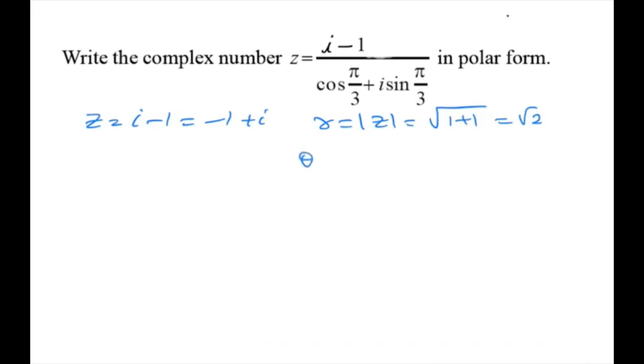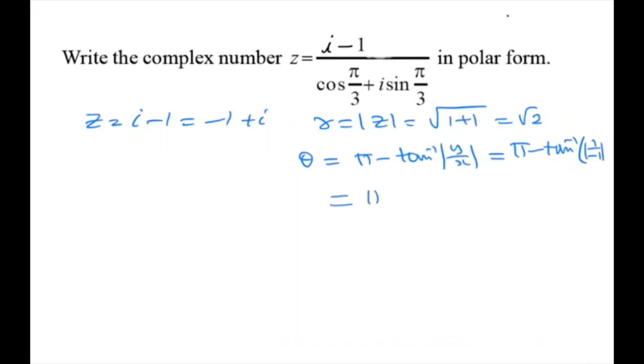Therefore, its argument is pi minus tan inverse of modulus of y by x. That is pi minus tan inverse of 1 by minus 1 under modulus.